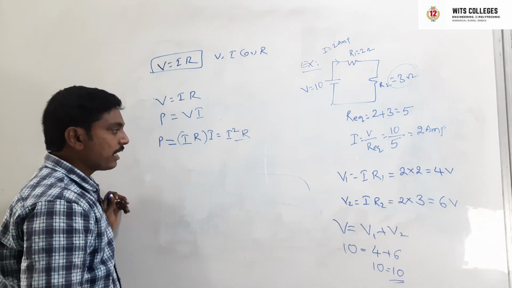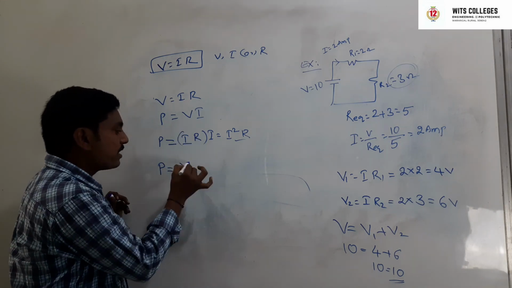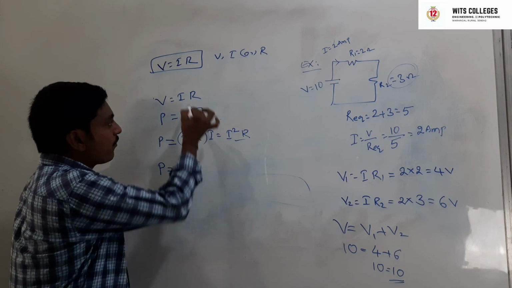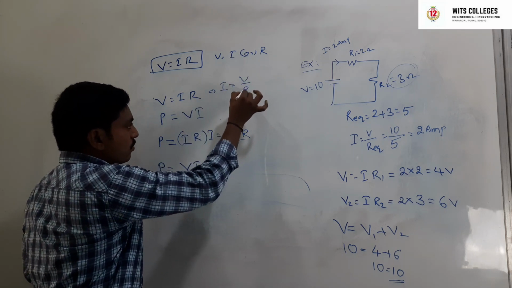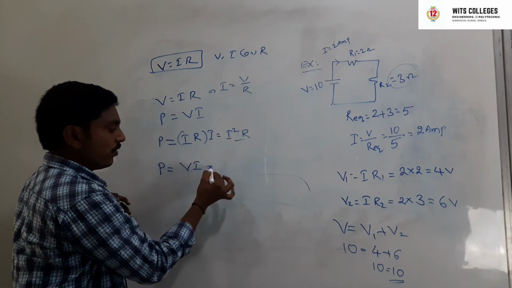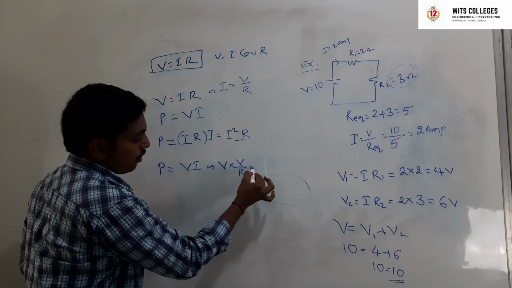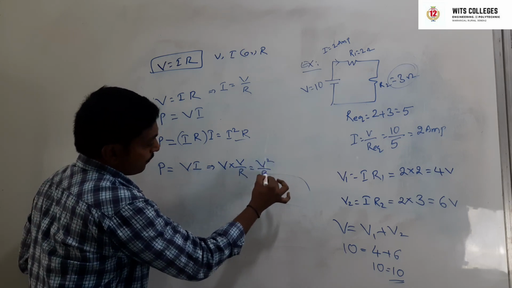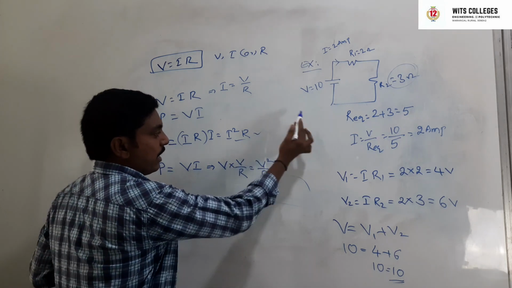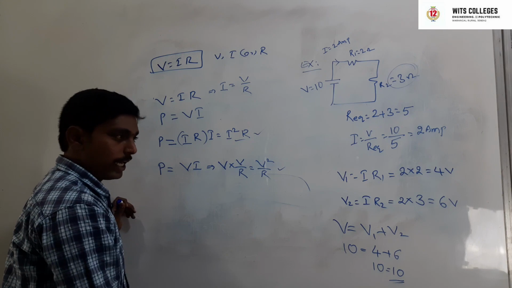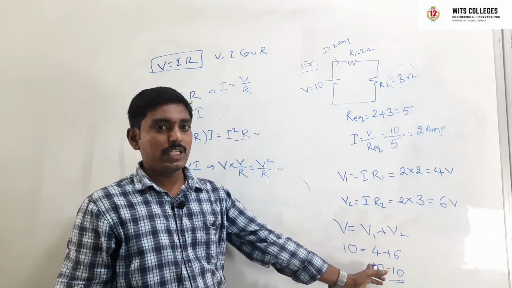Next, power P is equal to V into I. From this equation, I is equal to V by R. So by substituting this value, we will get V into V by R, that is equal to V square by R. Okay? This is the power in two ways, in terms of current and in terms of voltage. By using these formulas, we find the power by using these values.